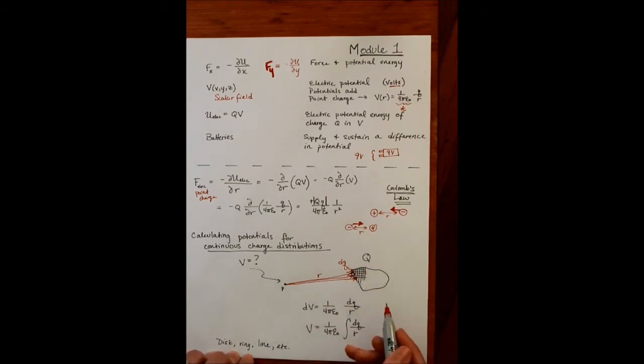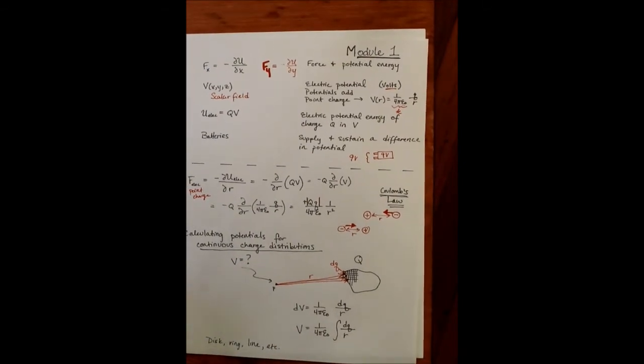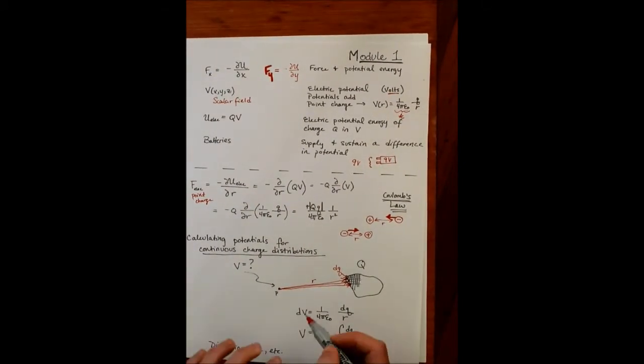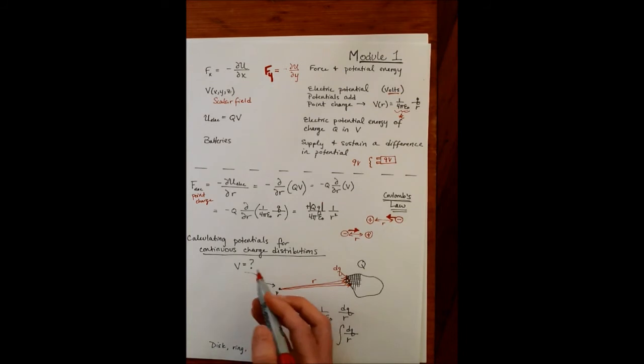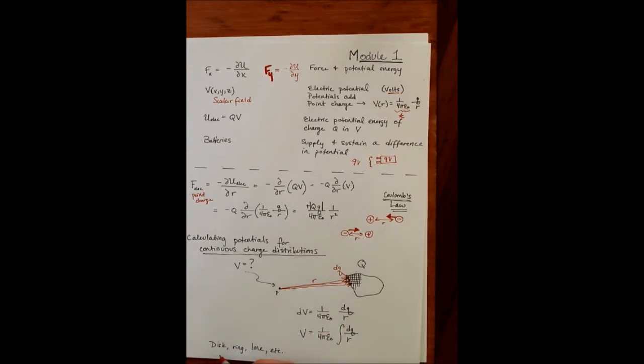And then if I add all those up, because potential obeys the principle of superposition, adding all those up is just like taking an integral. So if I take an integral of this side, I just get V, and over here I just integrate the dq over r. And so in class we calculated the potentials for continuous charge distributions like disks, rings, lines, etc. And that's all of Module 1.